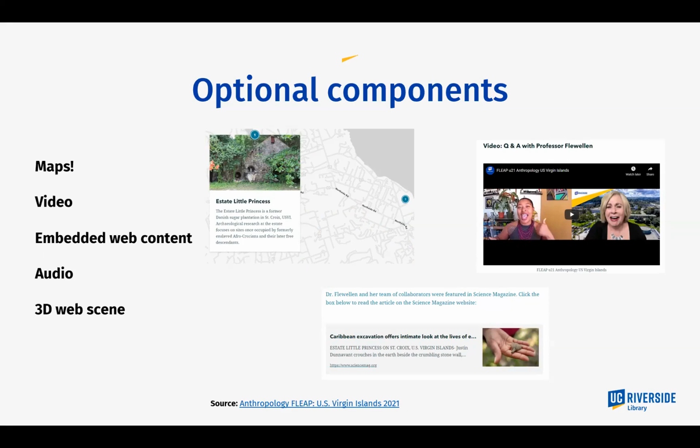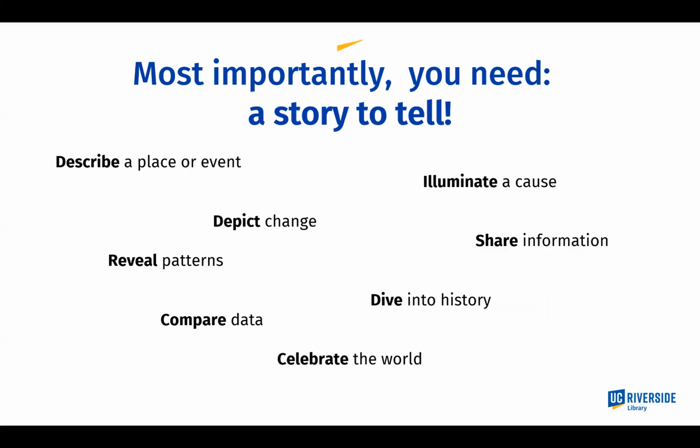They want you to have maps in it, if that makes sense, but you don't need to have one. The other optional components are video or embedded web content, audio, and we saw examples of those in the two story maps we looked at. I didn't show you one that has a 3D web scene, but that's also something you could have. So quite a lot of different functionality that you can add to your story.